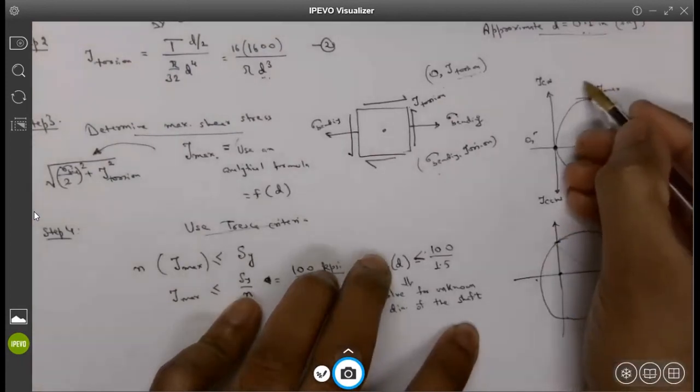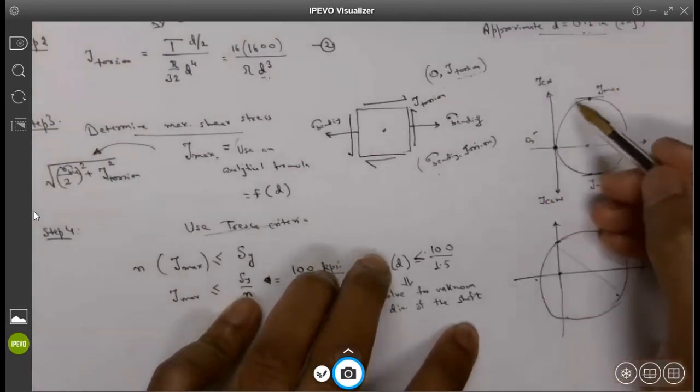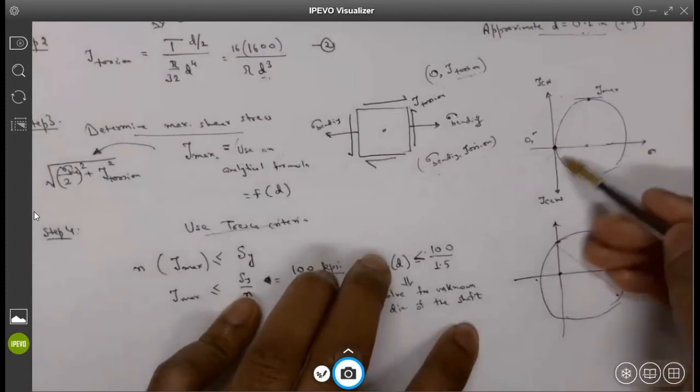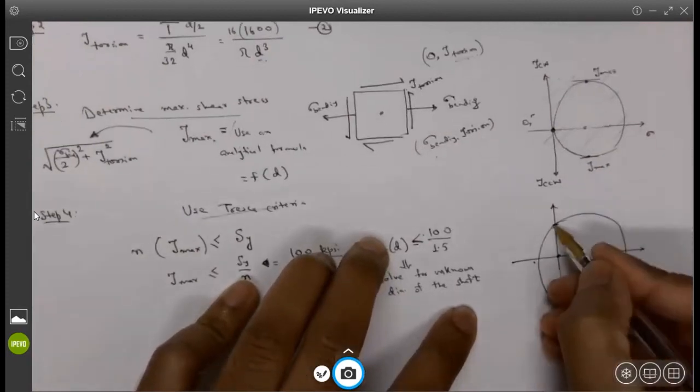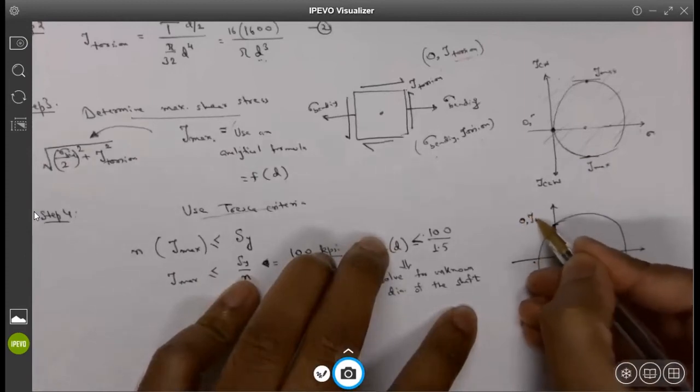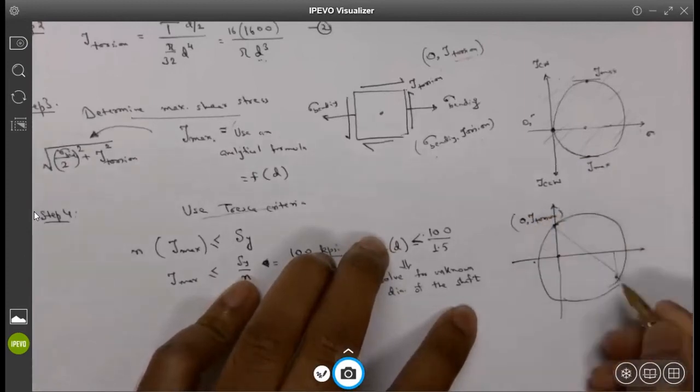So this is not the Mohr circle for that case. The Mohr circle will basically be like this. It will pass through the points 0, tau torsion, and sigma bending, tau torsion.